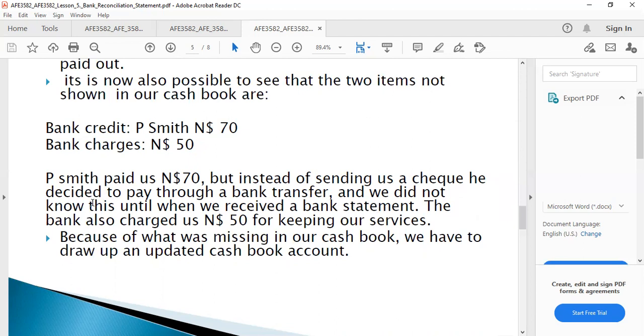And we did not know this until we received a bank statement. And then the bank also charged us $50 for keeping our services. That's why these two amounts are not appearing in the cash book. We were not aware. Because of what was missing in our cash book, we have to draw up an updated cash book.